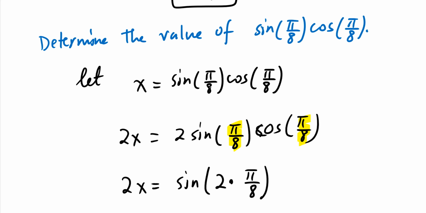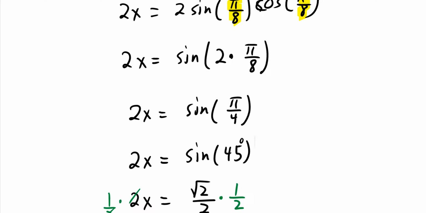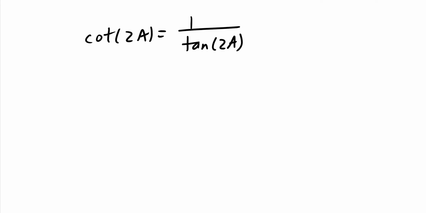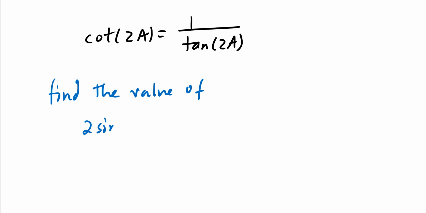I can show a different example if needed. Let's say they ask us to find the value of 2 sine 15 degrees cosine 15 degrees. How do we find that out?